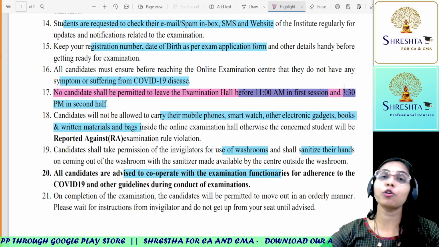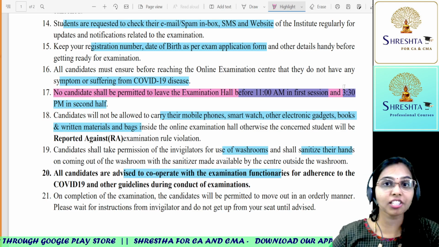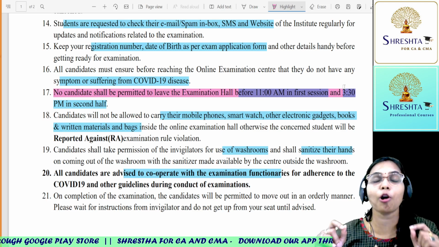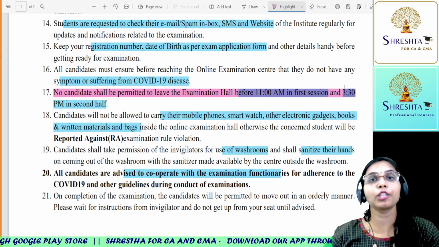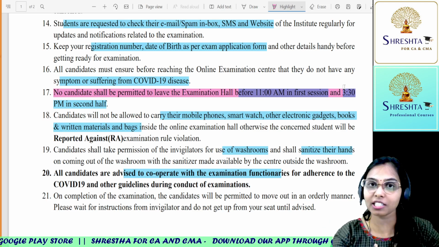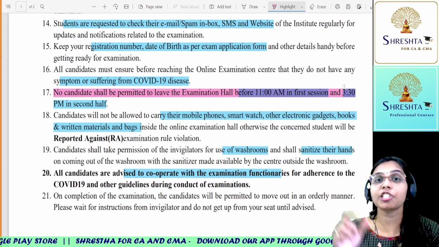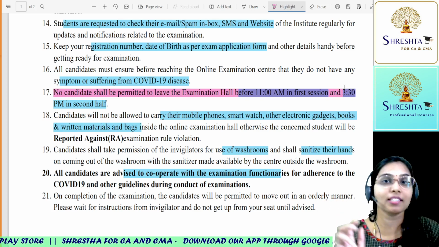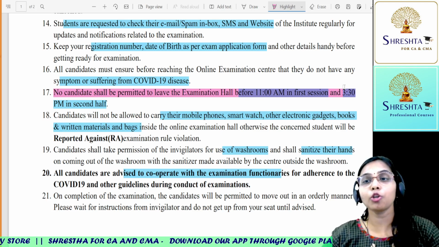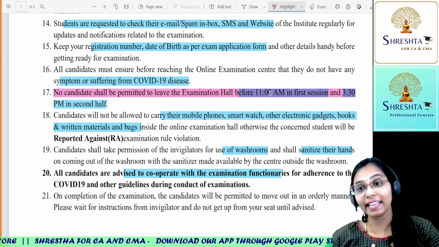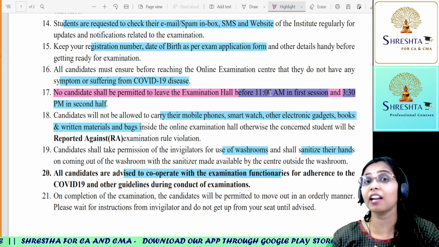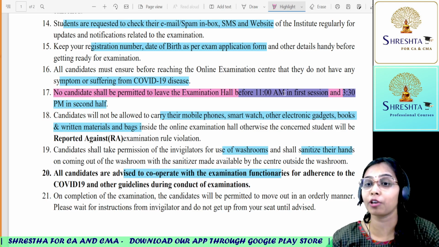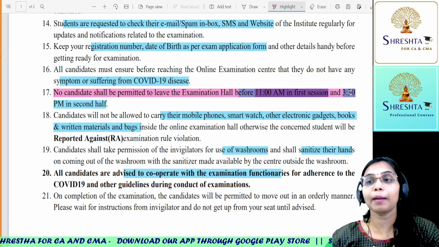For those attending the second session, your admit card will clearly mention whether you are giving your exam in the first or second session. Check the timings and then go to the examination center. Even if you are done with your exam, you cannot leave before 11 in the first session and before 3:30 in the second session.